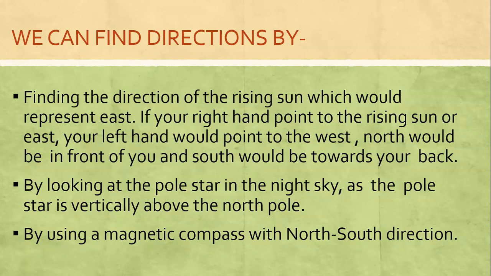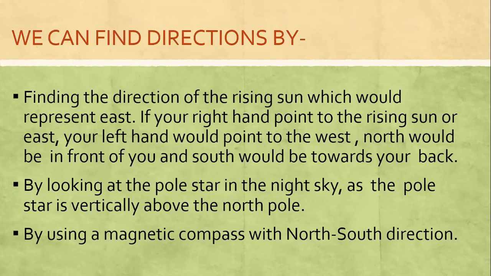If your right hand points to the rising of the sun, or east, your left will be west, north would be in front of you and south will be your back. Also, by looking at the pole star in the night sky, as the pole star is vertically above the north pole. These are a few ways where you can find the directions.